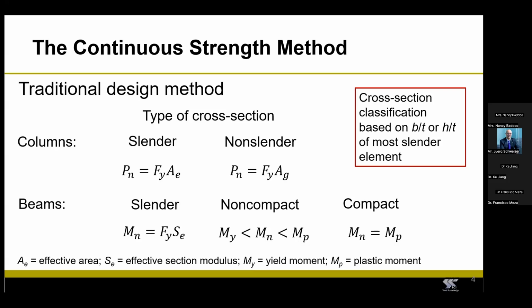Now, because of this, any additional strength that could result from strength hardening is ignored. So for sections that are made of carbon steel, this design approach might offer a good approximation because the strength hardening of carbon steel is not that significant. But for stainless steel, this assumption might be too conservative, especially for austenitic stainless steels, which are the ones that have the largest strength hardening.